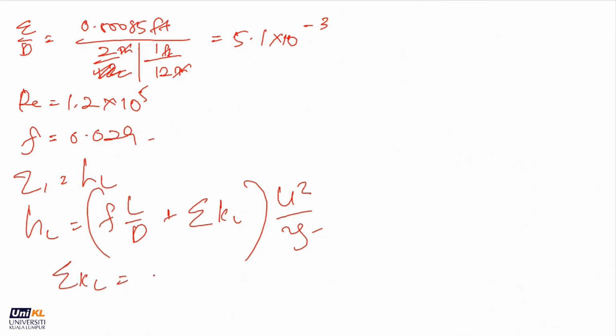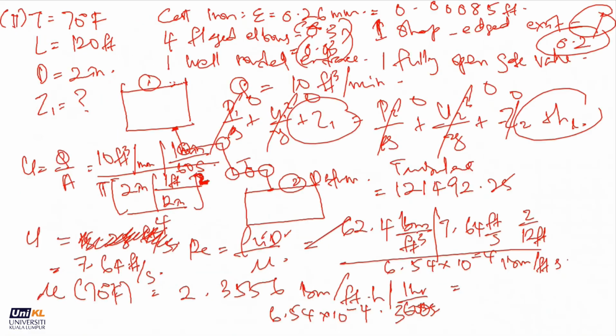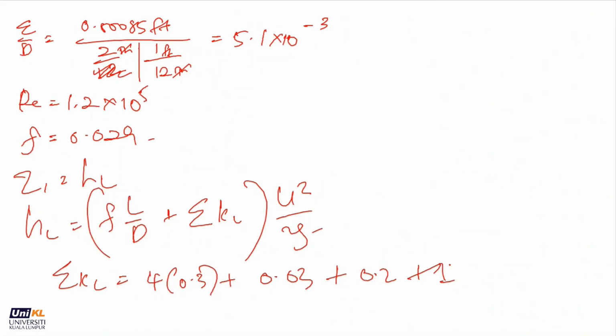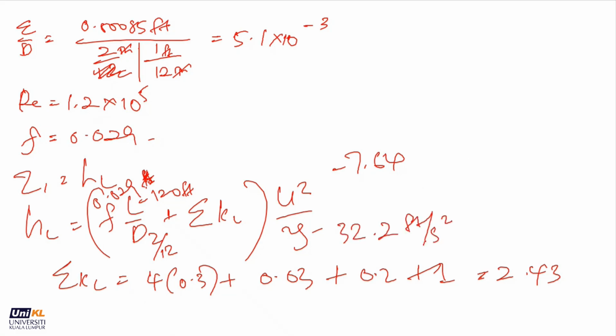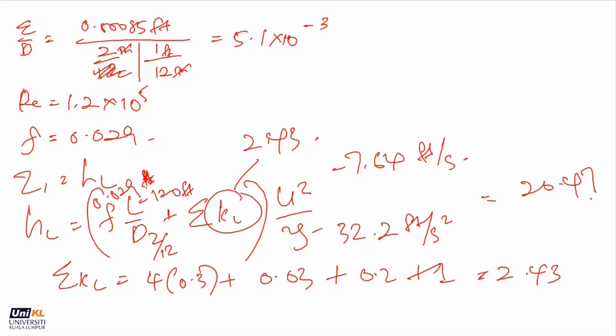Total KL equals... HL 120 feet. HL equals 20.47 feet.